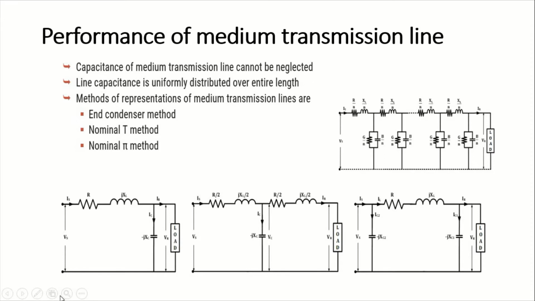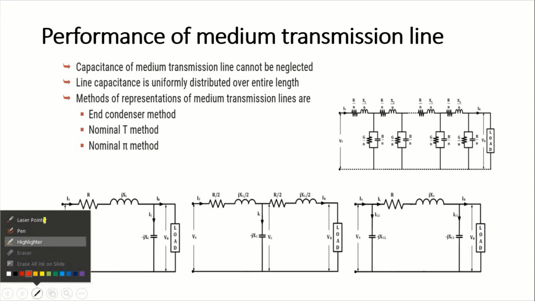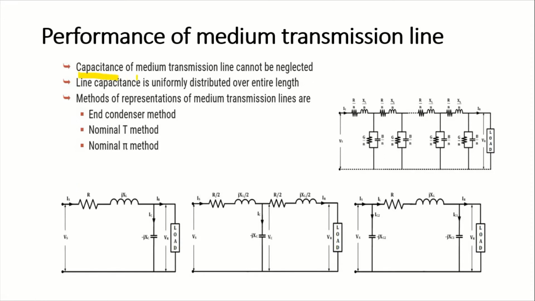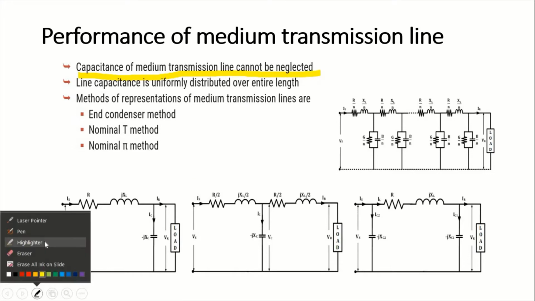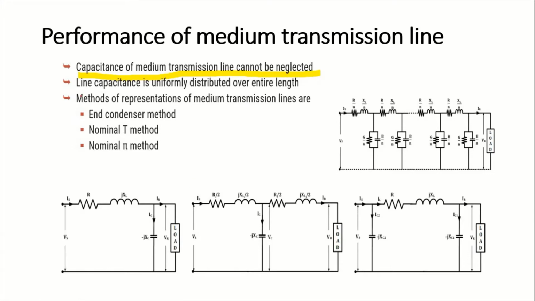The capacitance of a medium transmission line cannot be neglected. The capacitance of the line is uniformly distributed over the entire length of the line, as shown in this figure.